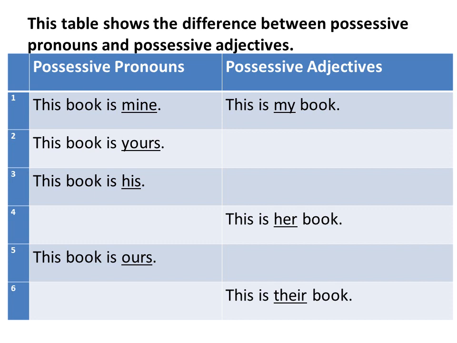Good. Now let's look at number 4. The possessive pronoun here is missing, so you're going to write the possessive pronoun while the possessive adjective is, this is her book. Question number 5, the possessive pronoun: this book is ours.